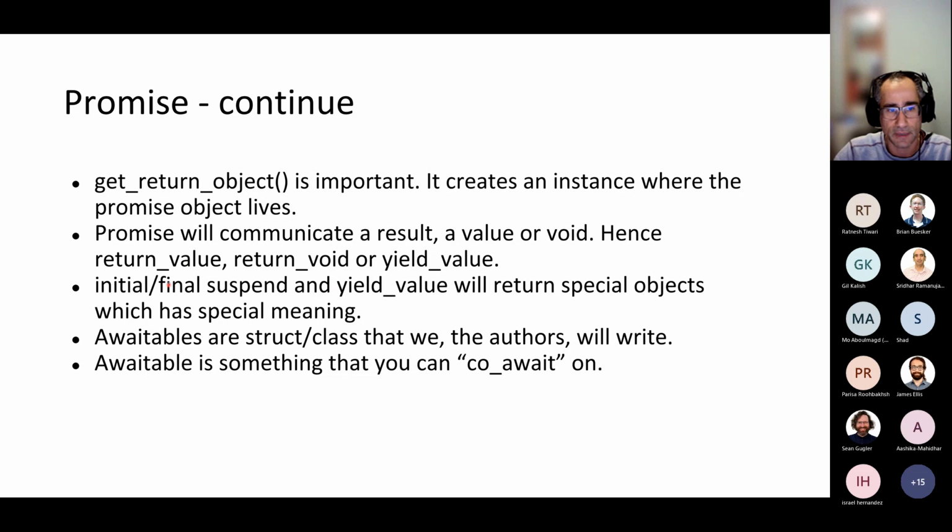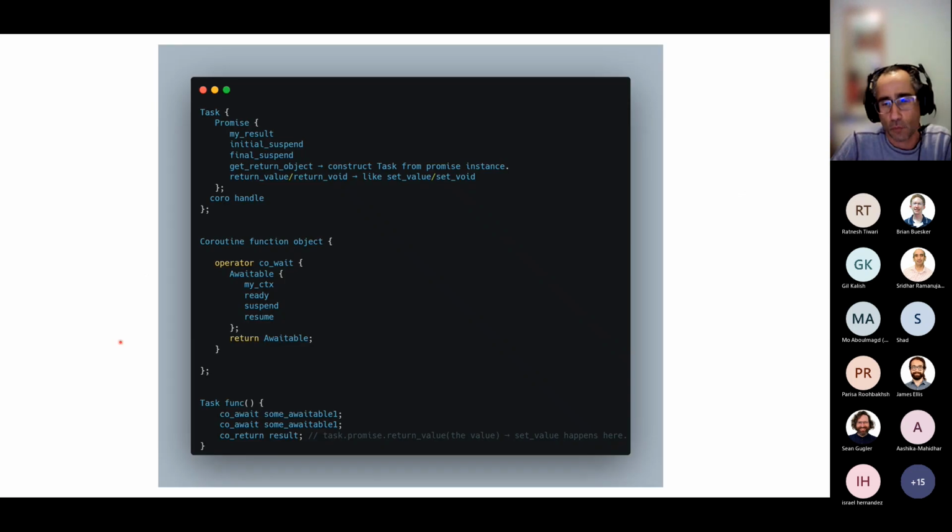Yeah, I already talked about initial and final suspend. They have special meanings. And then we'll see what is awaitable that you actually co_await on. And when we see examples, it will be much easier. So what I tried to do is come up with pseudocode of how your coroutine would look.